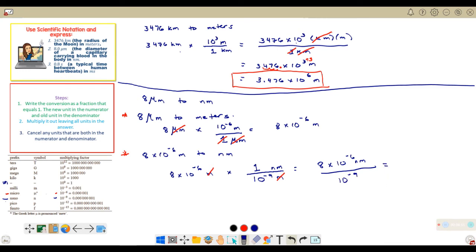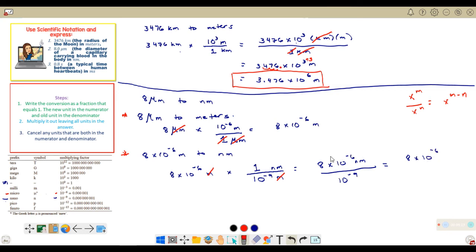Using our knowledge in laws of exponents, di ba alam natin that if you have x raised to m over x raised to n, that is equal to x raised to m minus n. This is going to be 8 times 10 raised to negative 6.